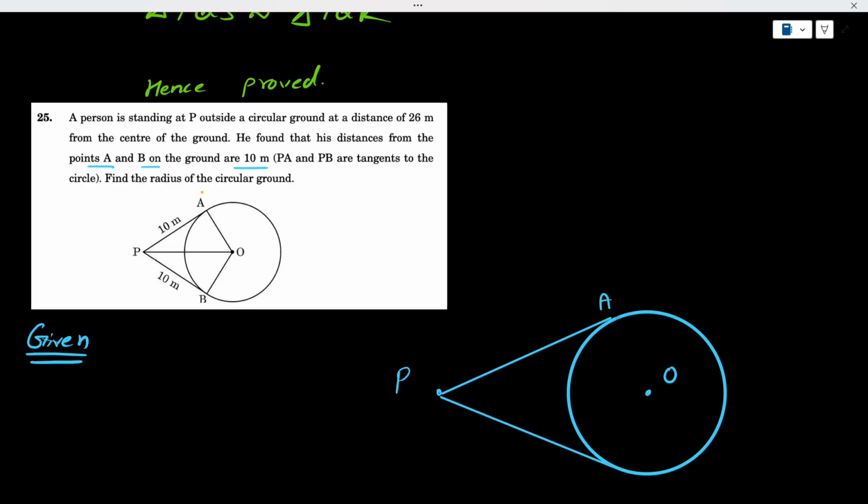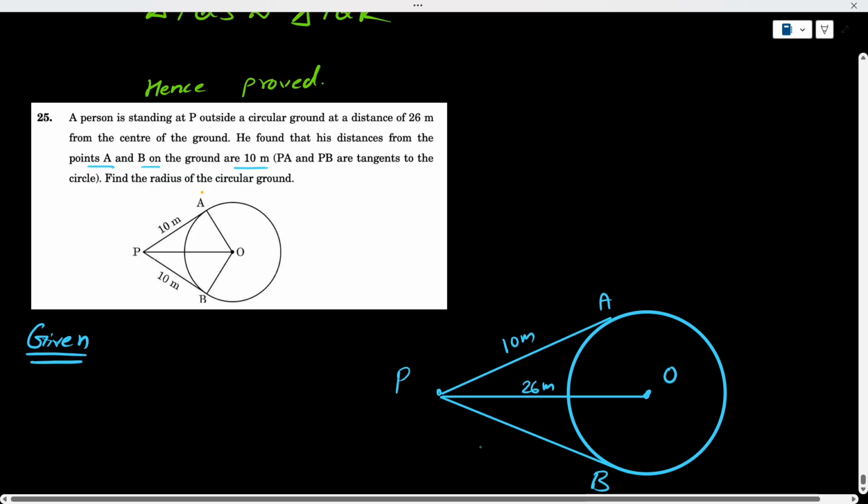And the distance from O to P is 26 meter. This is 10 meter, this is also 10 meter.